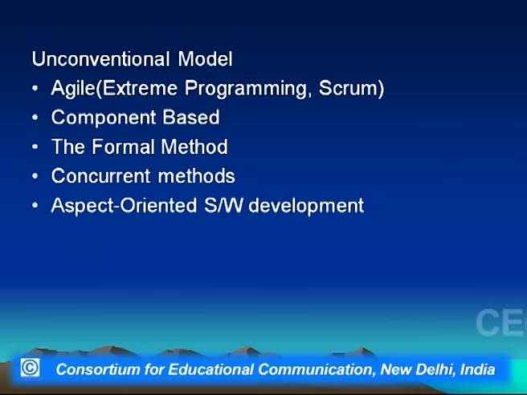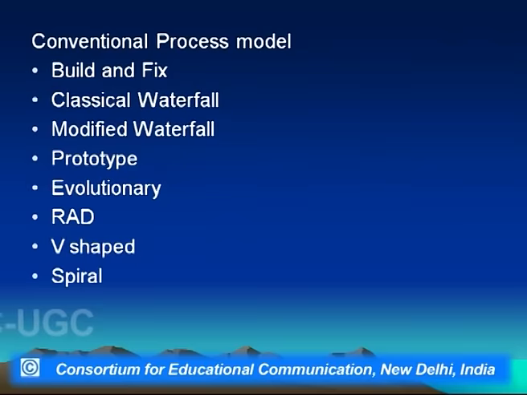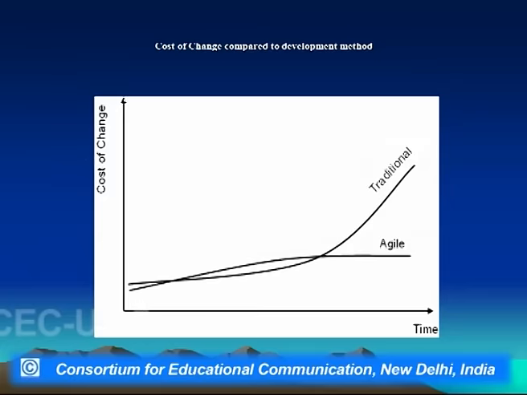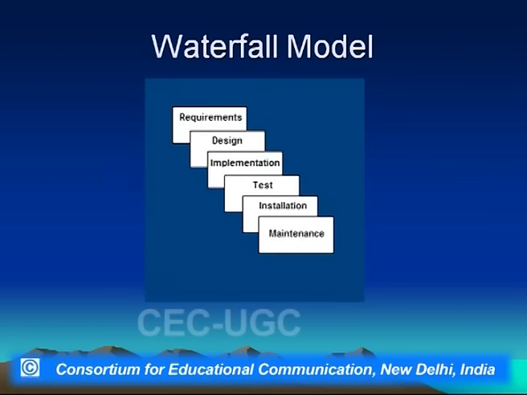You can observe that in any conventional process model, you gather the requirements, and by the time of delivery a lot of time has passed, so the business requirements have changed.